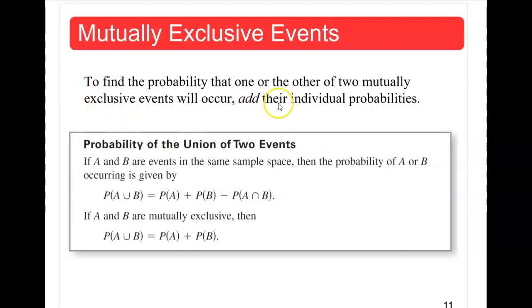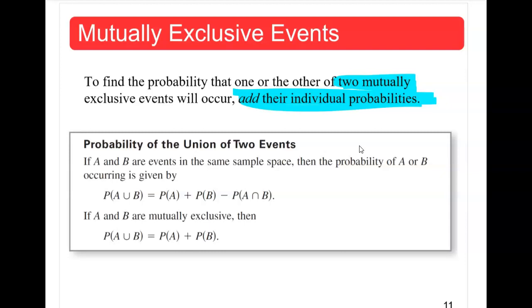To find the probability that one or the other of two mutually exclusive events will occur, you simply add their individual probabilities. This is for mutually exclusive. Once they're not mutually exclusive, then we have to subtract the intersection.